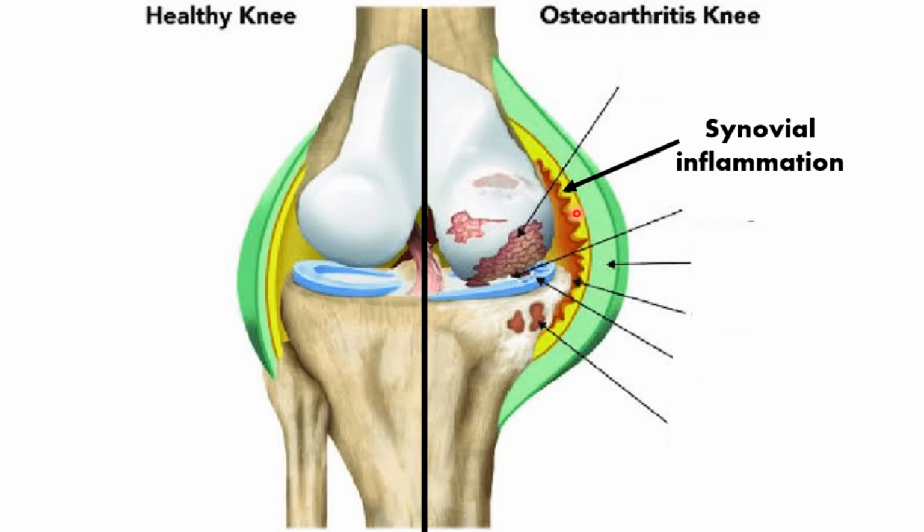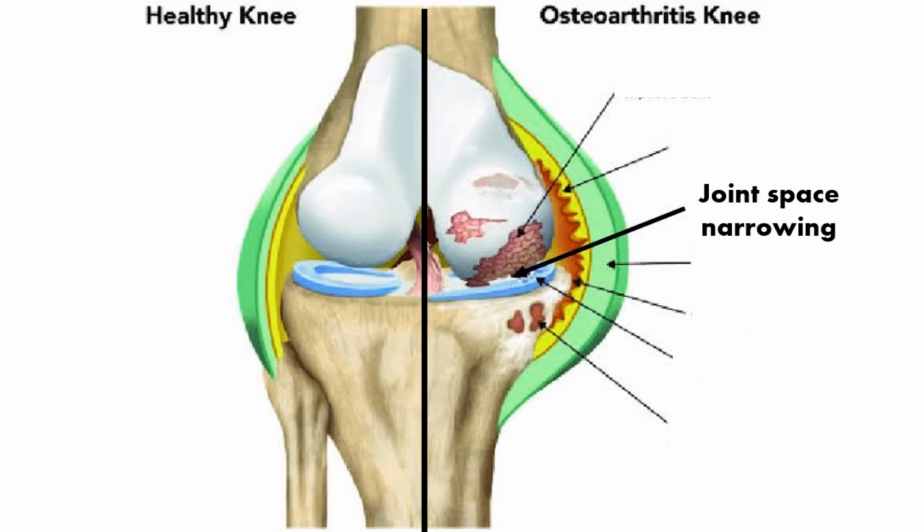So the inflamed synovial membrane causes increased production of the synovial fluid, and that causes swelling in the joint. So most people that have water or fluid accumulation in their joint causing joint swelling, it is a result of inflammation of this synovial membrane. All right, so that's what happens.